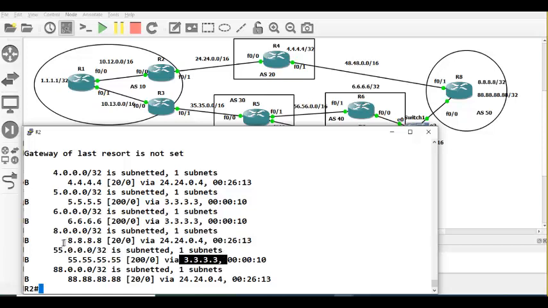But for 888, 8888, 4444 it is going via router 4. Will this table change when I set high weightage on R1, or will it not change? Is my question.